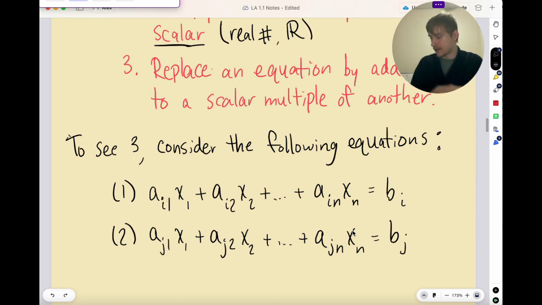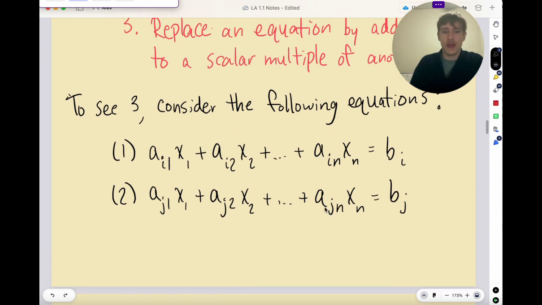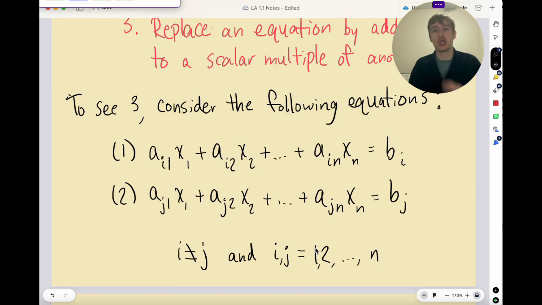And I should probably specify a couple of things. First of all, I shouldn't allow i to equal j, because then they're just the same equation. Both i and j are either 1, 2, all the way up to n, where n could be as big as you want.